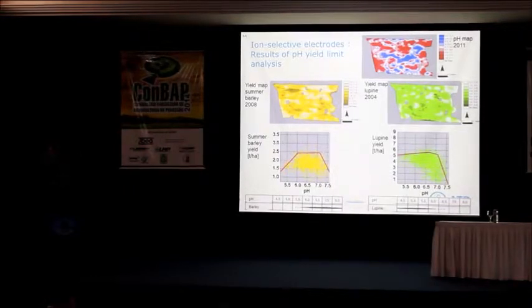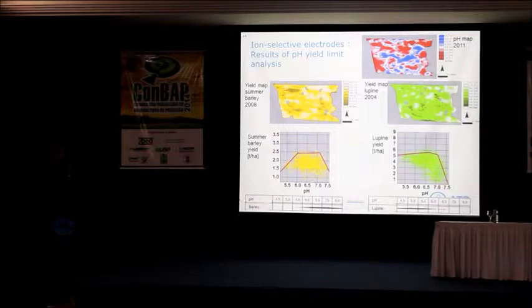If you compare that with yield maps, here's one yield map from summer barley, here's one yield map from lupine. You get these scatter plots here. And you should not look for the whole cloud. You just should look for the top of the cloud. Look at the boundary line.